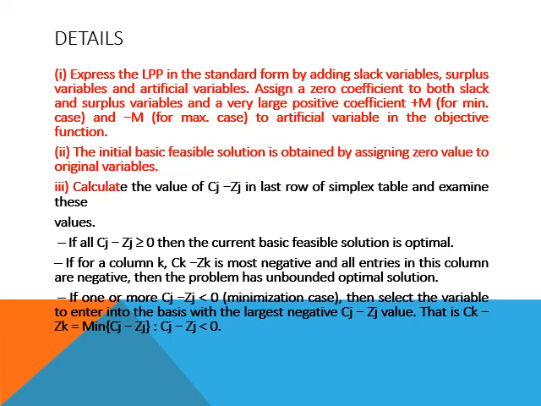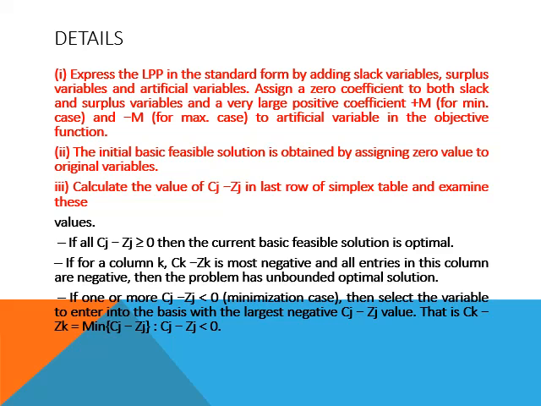Calculate the value of Cj minus Zj in the last row of the simplex table and examine these values. If all Cj minus Zj are more or equal 0, then the current basic feasible solution is optimal.